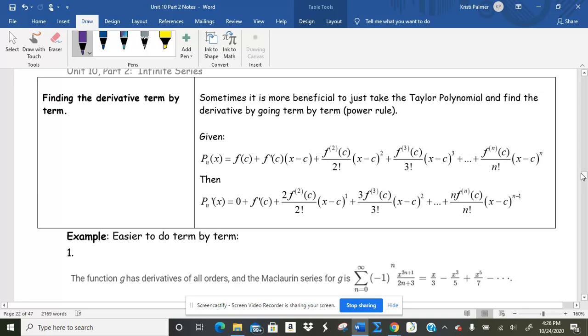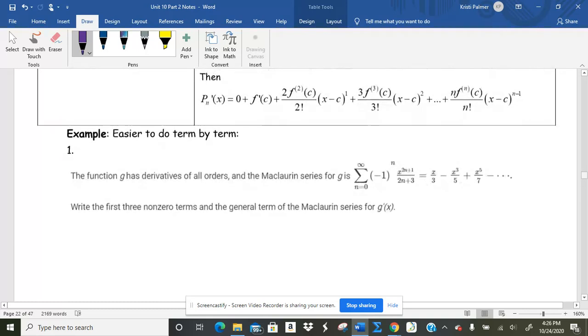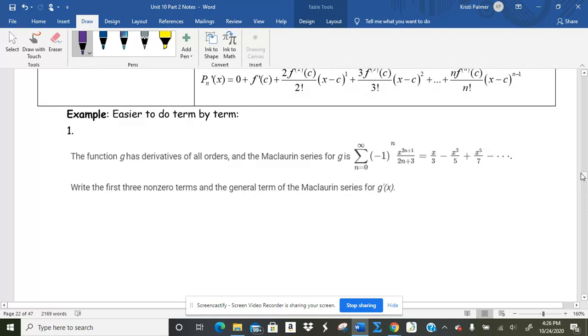Sometimes it's easier to just look at it term by term and derive kind of term by term. And here I just want to show you what I mean by that. So here is an AP example. This was my series going on, and they gave me some of the terms, and they wanted me to find the first 3 non-zero terms for the derivative, and this guy was g.